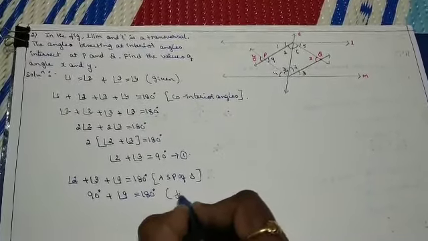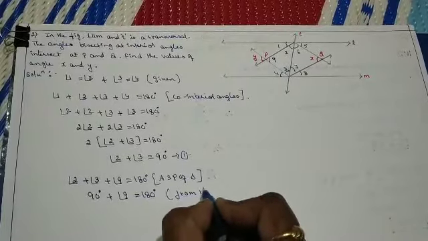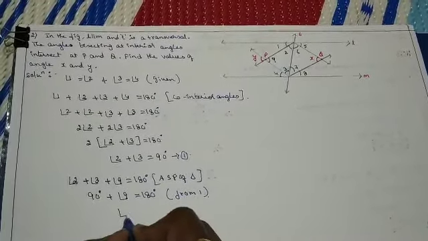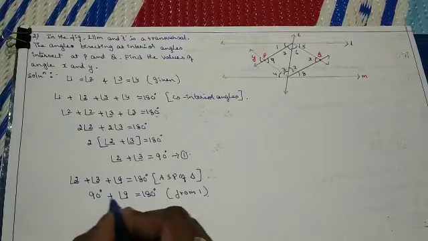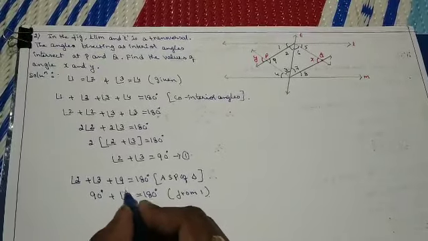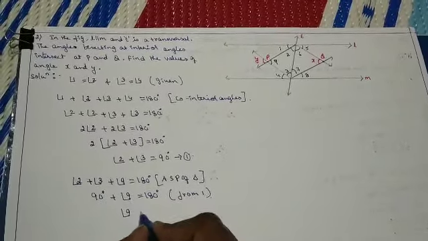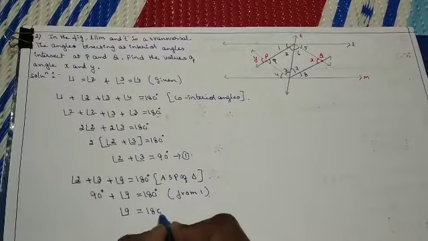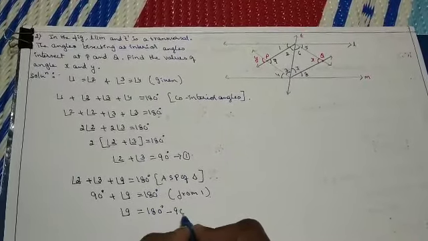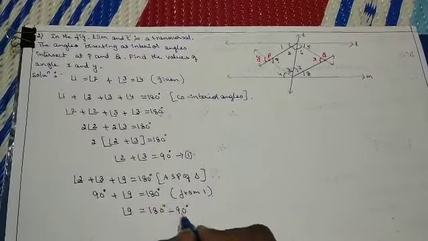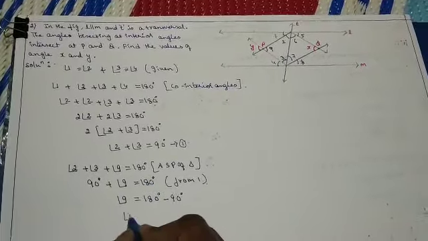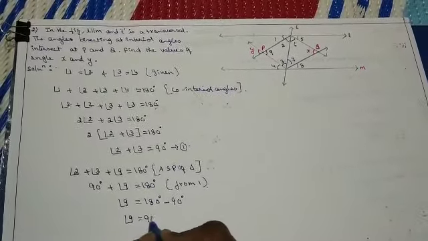Reason: from 1, that is equation 1. Then angle 9, don't add up these two, children, this is only to know the name of an angle, that is angle 9 equal to 180 minus 90 degree, because addition changes to subtraction. Then angle 9 equal to 90 degree.